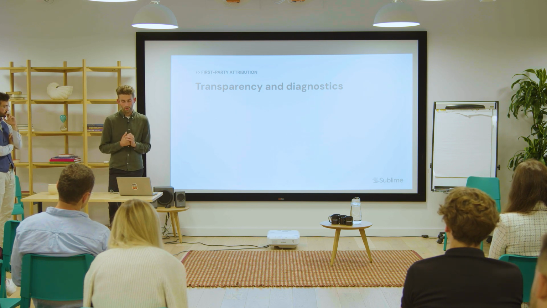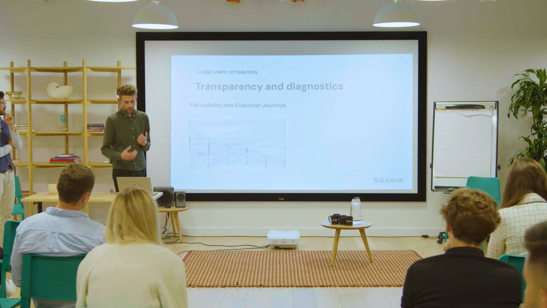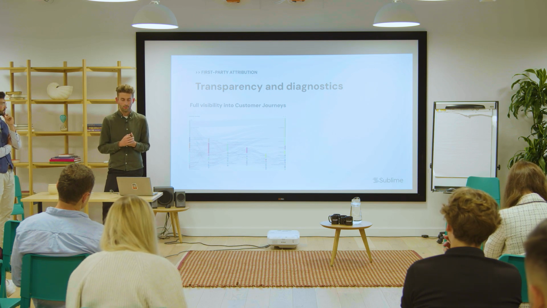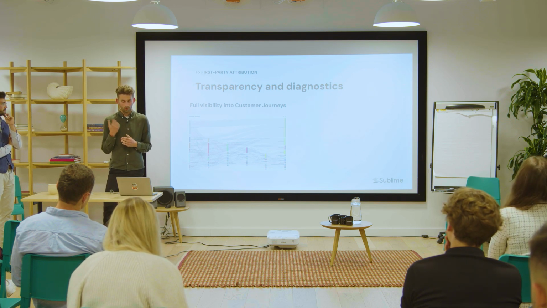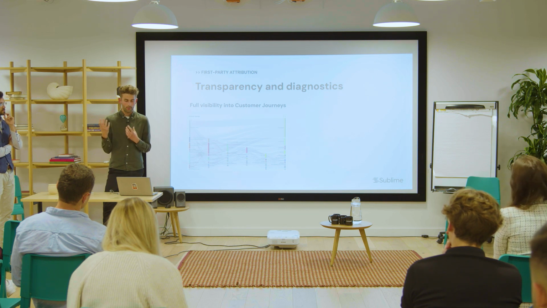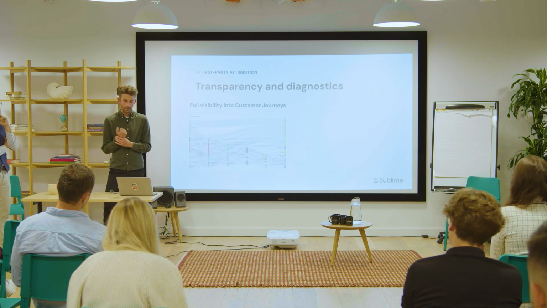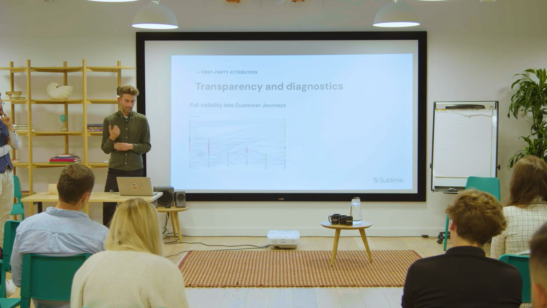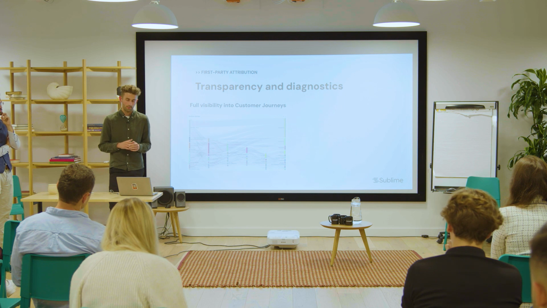If from attribution you get some numbers that are not intuitive, that seem off, that you want to really double check, then because this is data you own on a very granular level, you can run diagnostics on it. The first way is to check the conversion journeys, to visualize how users are moving between channels, whether this is what we expected, or maybe our media mix is not working as we expected.